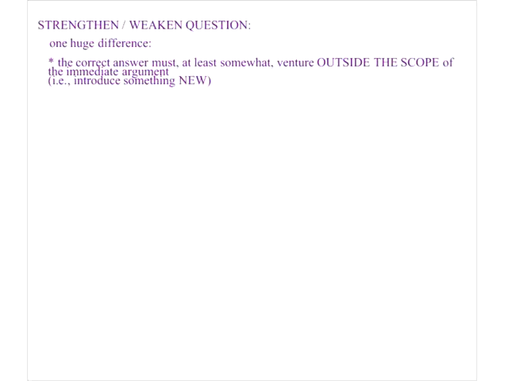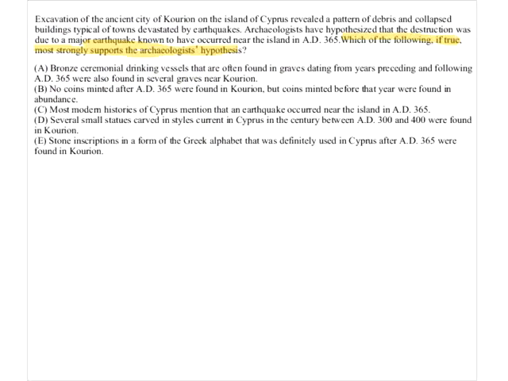Because think about what you're being asked to do. There are 2 things to notice here. The first is that it says, if true. That's a monumentally huge difference because now, unlike finding assumptions, we are not looking anymore at things that must be true.